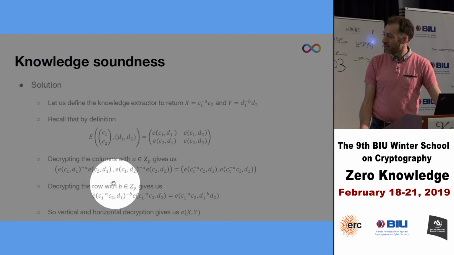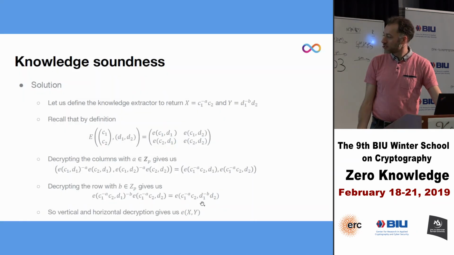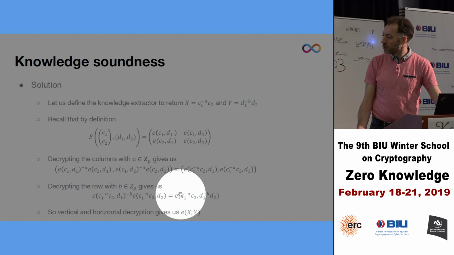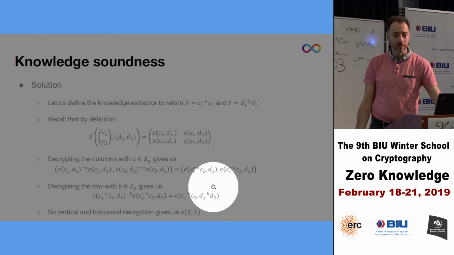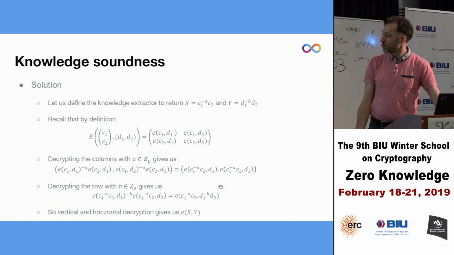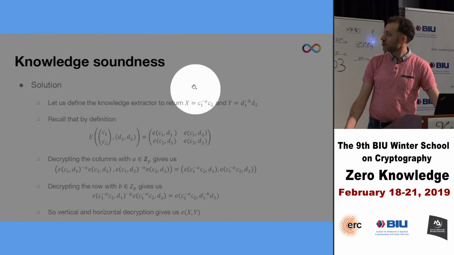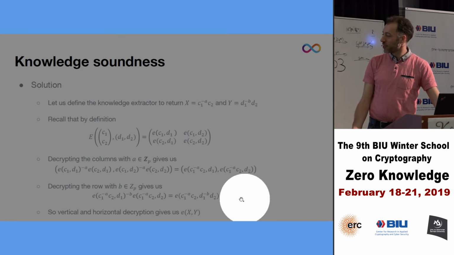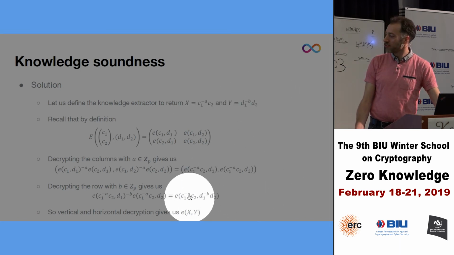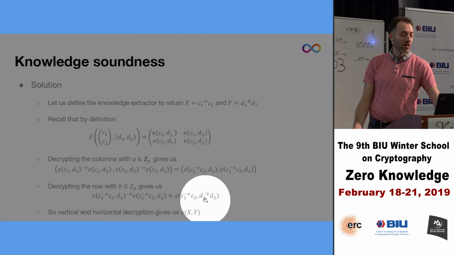Again, by the bilinear properties, that's the same as the pairing of C1 to the minus A times C2, and D1 to the minus B times D2. But remember, by definition, this was x, and this is y. So what we have here is really the pairing of x with y.